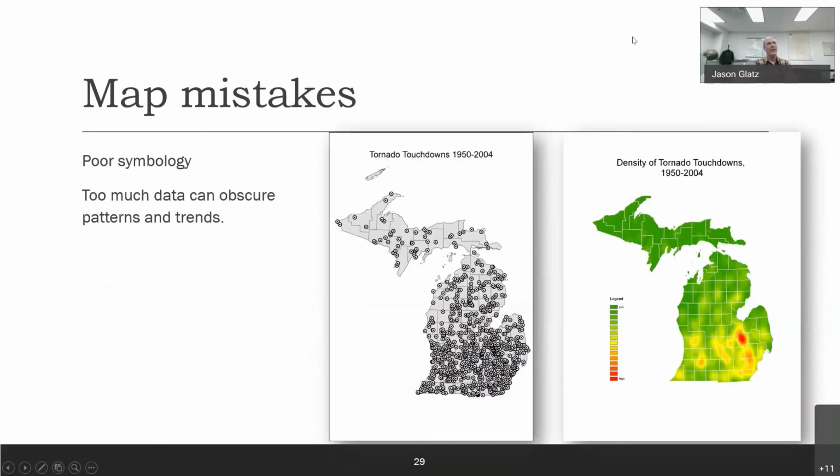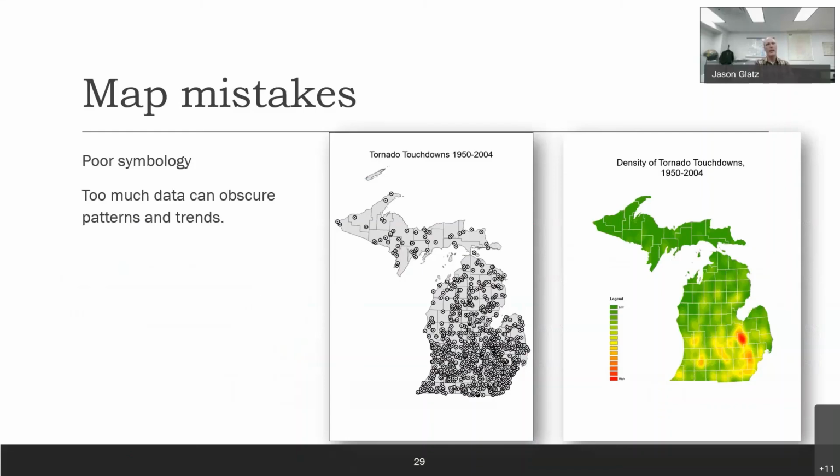The last little thing that I have here is what I just call poor symbology. Sometimes, if you have a lot of data and you just dump it into a map, you won't be able to really see much. The map on the left here is showing tornado touchdowns in Michigan between 1950 and 2004. If you look at that map, other than the fact that there were a lot of touchdowns, you can't really make out much.